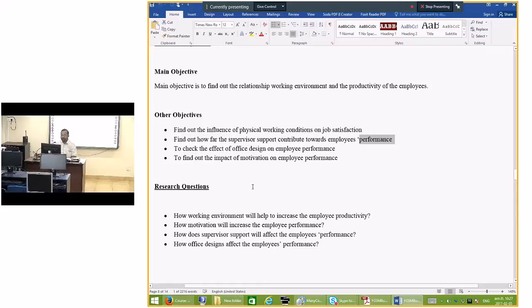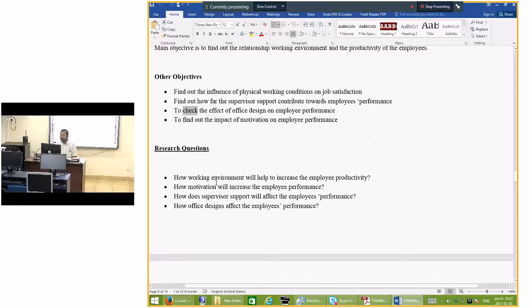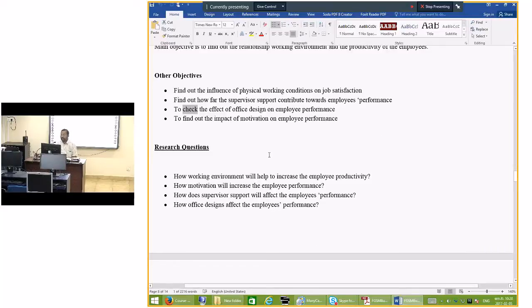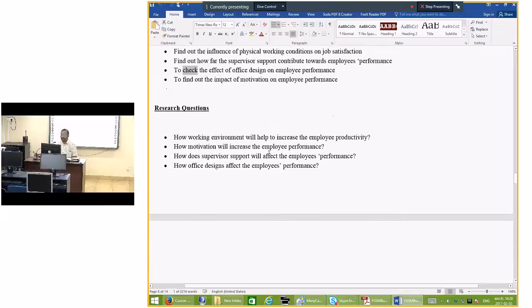To find out, don't use check. Check is not a good word for researchers. Check is good for auditors to assess. To find out is the phrase a researcher may use. Instead of performance, everywhere you use productivity.